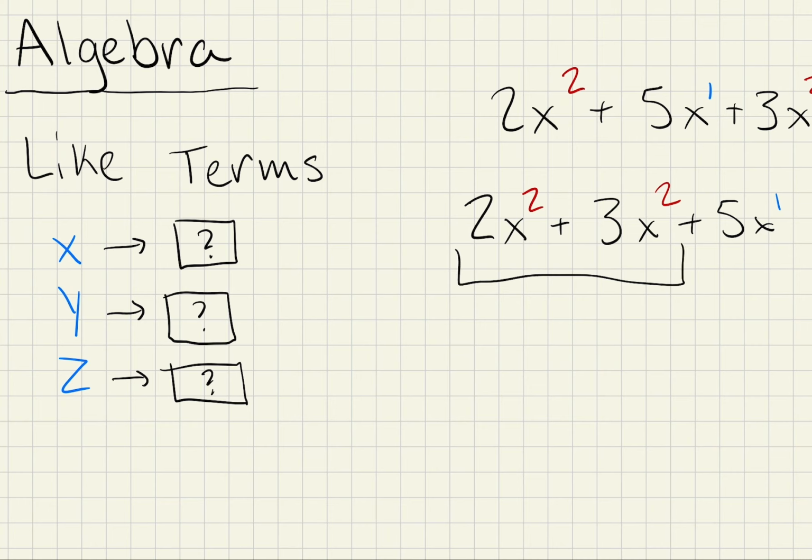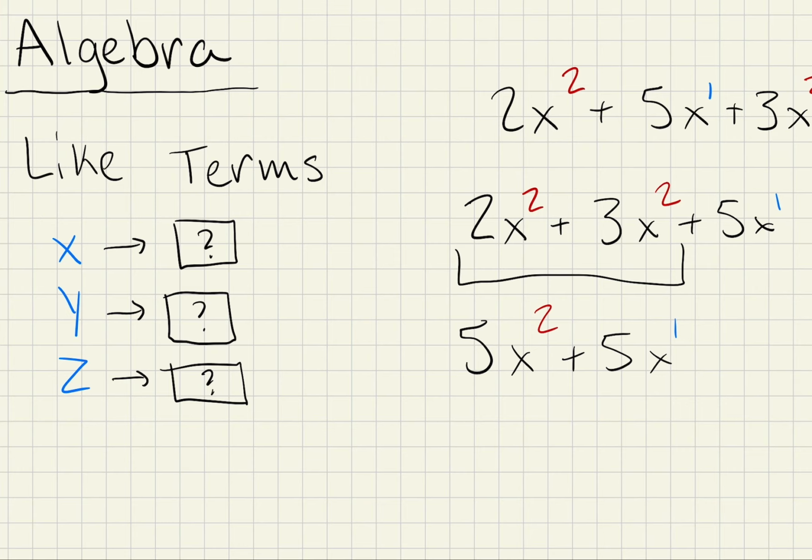Again, we can combine these like terms and we get 5x squared plus 5x to the first. So like terms are an incredibly easy and straightforward place to start when talking about math. They can be a little weird to get used to at first, but understanding like terms is essential to understanding algebra.